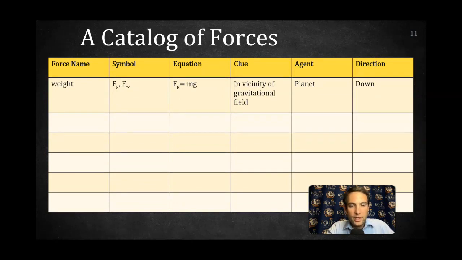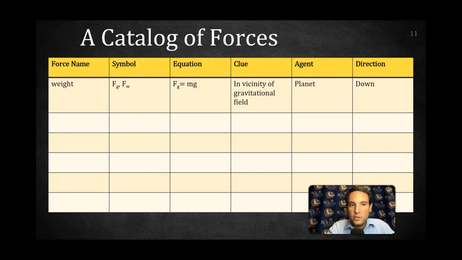Here I want to list through a whole bunch of forces. We've got the force name, which tells us what the force is, the symbol, the equation if there is one, a clue to help identify it in certain situations and phenomena, the agent of the force, and the direction this force points.